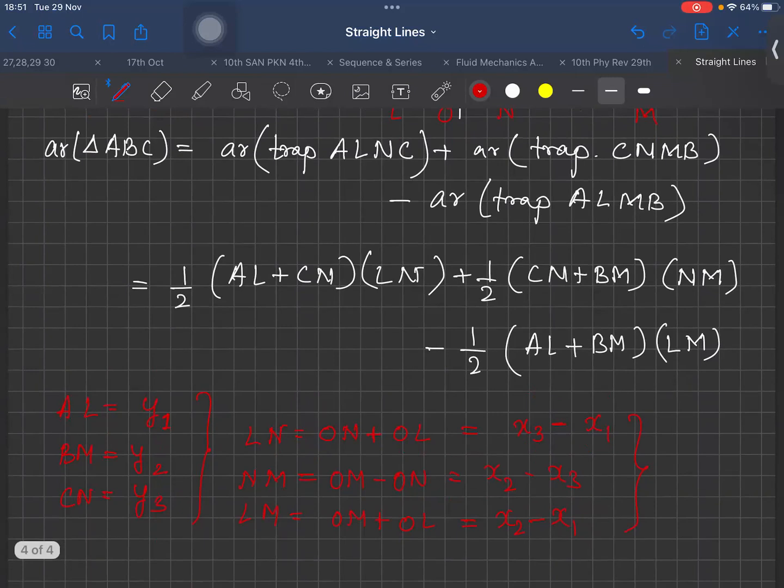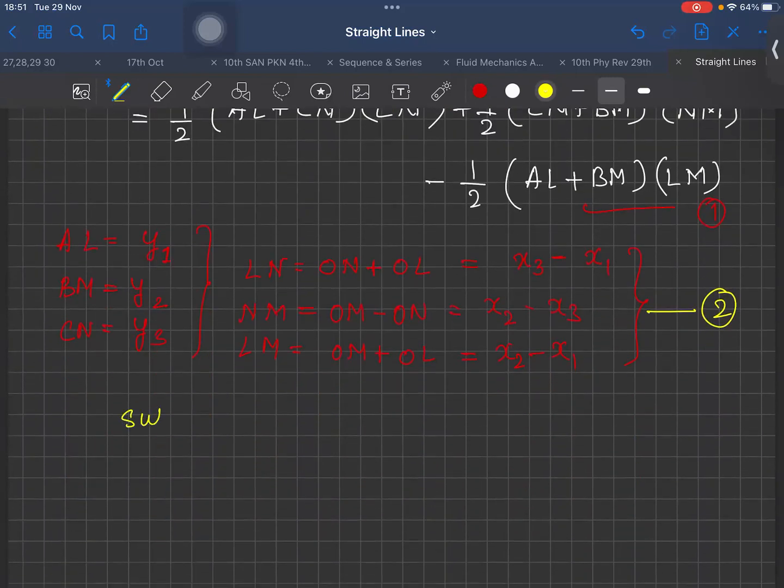Now you just substitute. Let's say this is equation number 1 and this one is equation number 2. Substitute 2 in 1. What will we get? Area of triangle we will get, right?